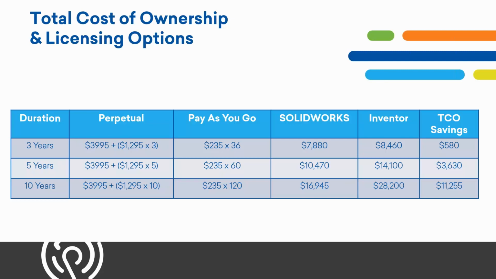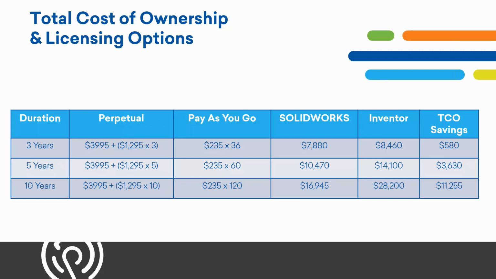Studies have shown that the average length of term when you invest in a CAD software solution is somewhere between 7 and 10 years. So when you think about what this is going to cost you, you shouldn't be thinking about what it's going to cost every month, but instead what it's going to cost over 3 years, 5 years, 7 years to 10 years, to understand what that total cost looks like.